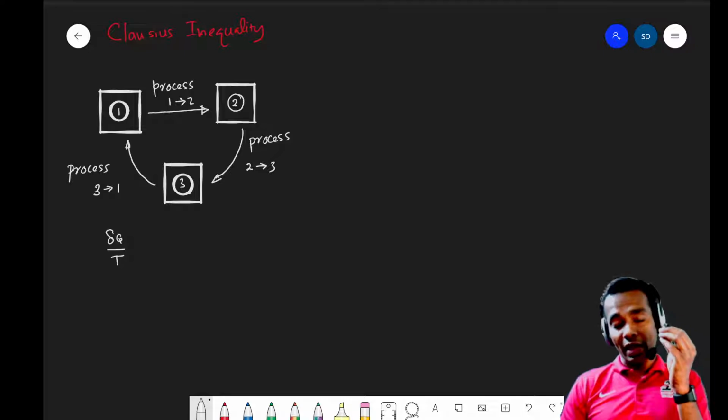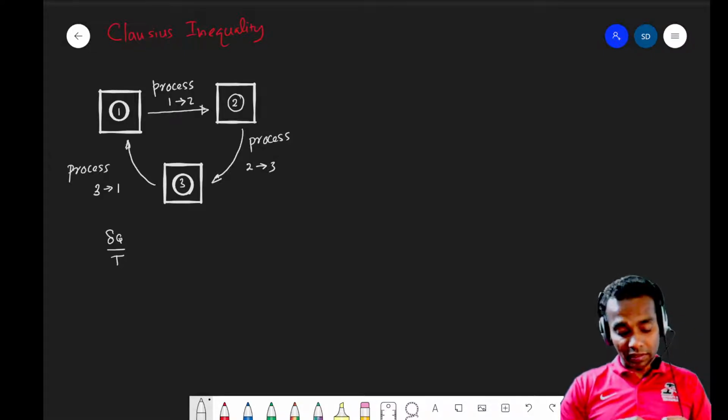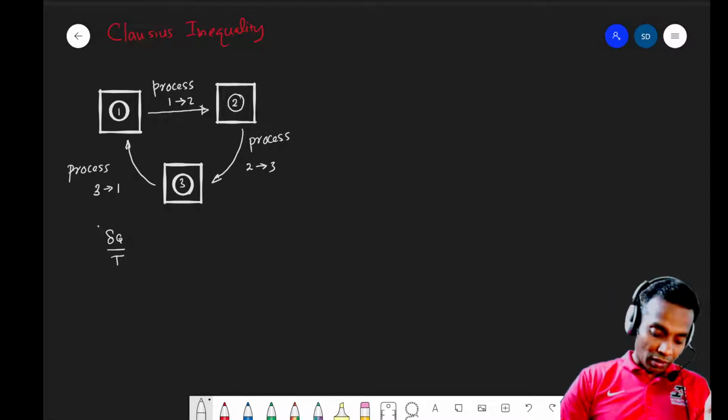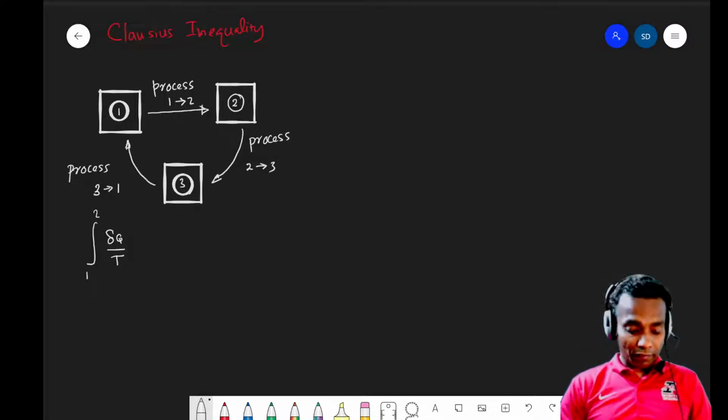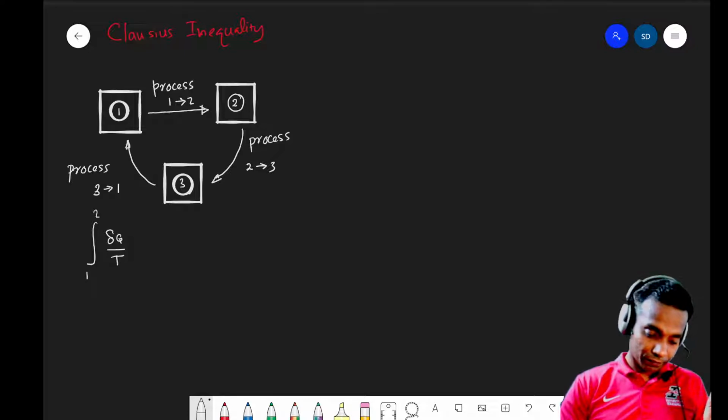And if you want to find the entire quantity, or the summation of this quantity during the process, we can do it by integrating that from state 1 to 2. That gives you the amount of change in this quantity, delta Q over T, for that particular process.